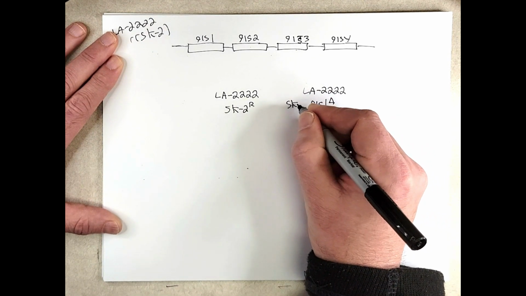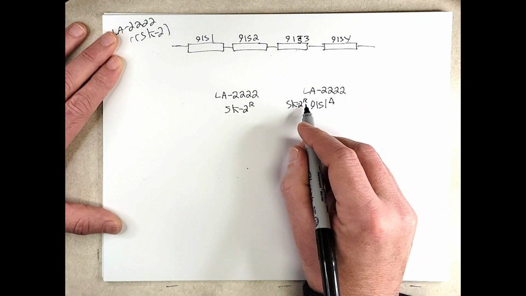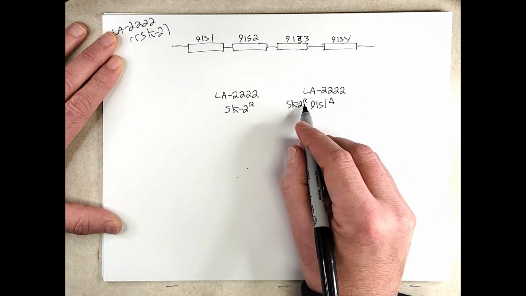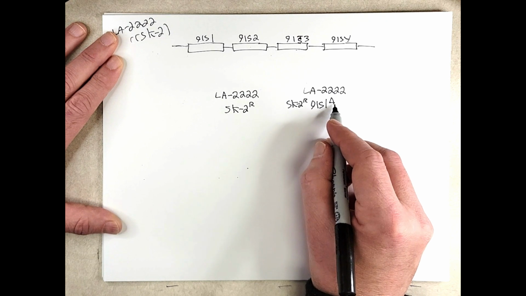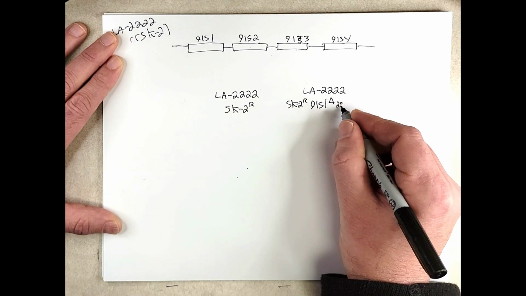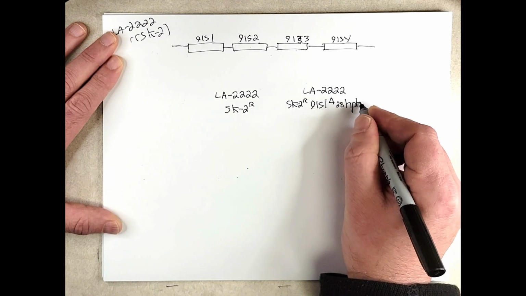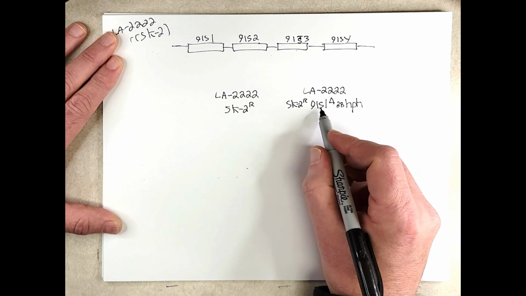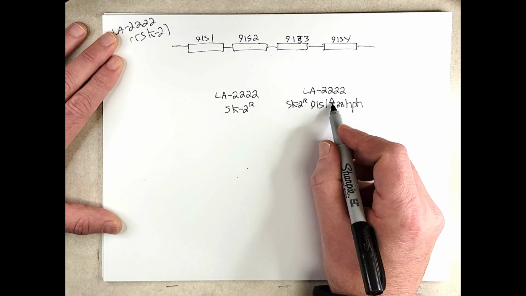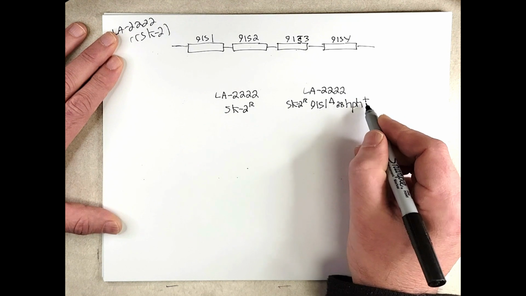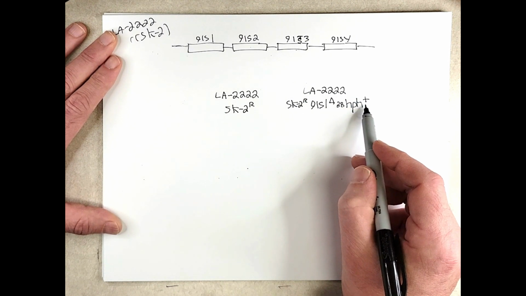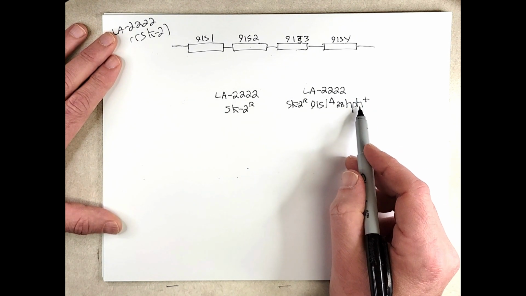I can still put SK2R here for now, but it's this original genotype with 9151 deleted and replaced, and sometimes we put 2 colons here to indicate that the 9151 gene was deleted and replaced with a hygromycin resistance selectable marker. So this is a gene that confers resistance to the antibiotic hygromycin.